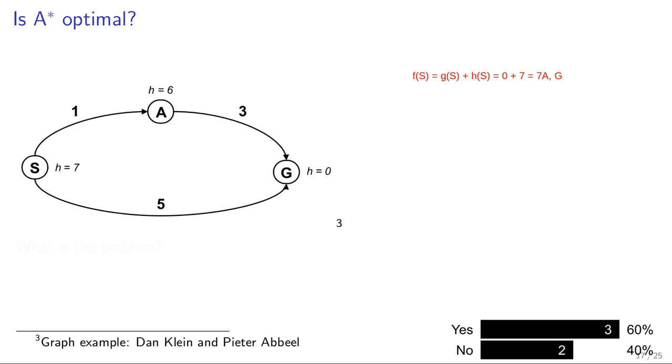Now, f of A is gonna be backward cost 1 plus heuristic 6, 7.